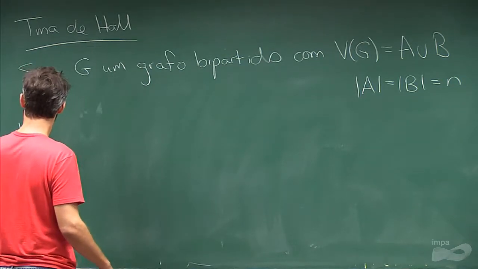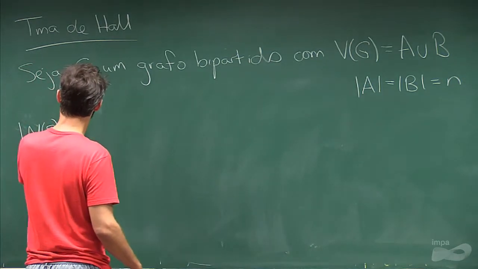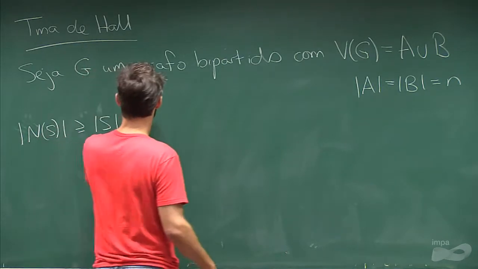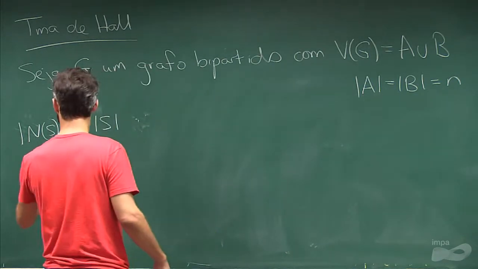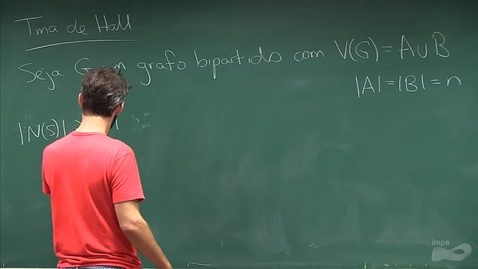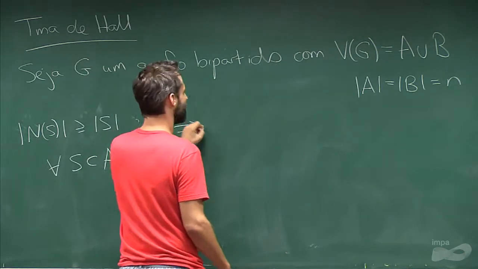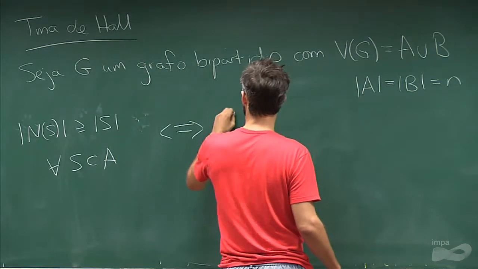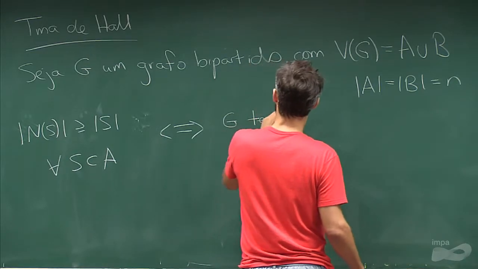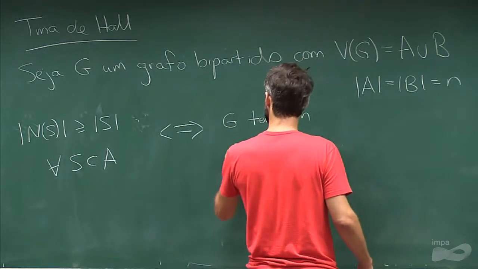Then |N(S)| is at least |S| for all S in A if and only if G has a perfect matching.